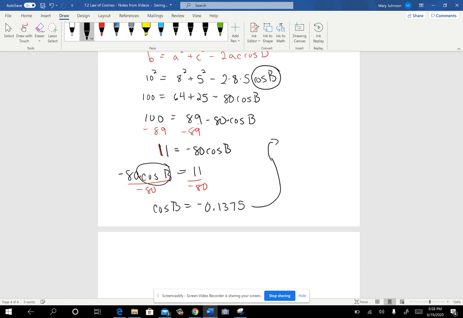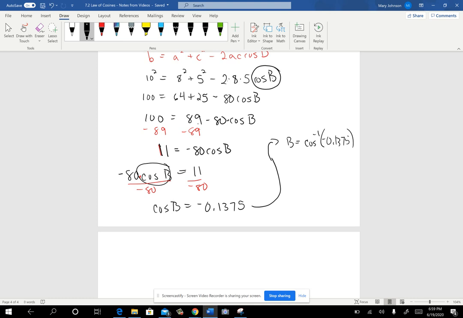I'm going to wind up taking the inverse cosine of both sides. So I'm going to do cosine inverse of the negative 0.1375, and it'll give me the value of angle B. Okay, so find your inverse cosine, type in that, don't forget to type in the negative on that, 0.1375.